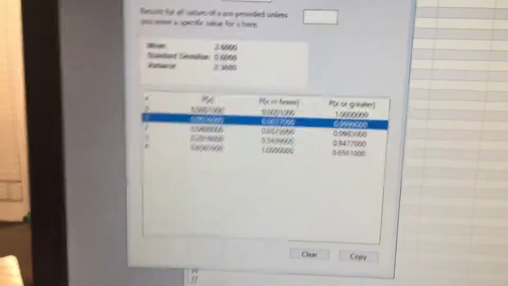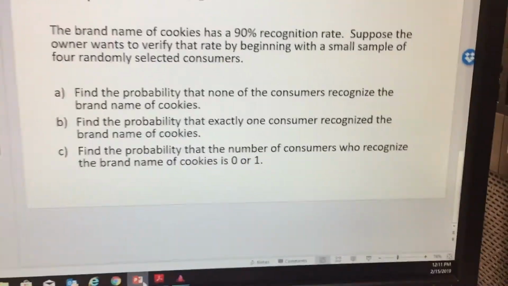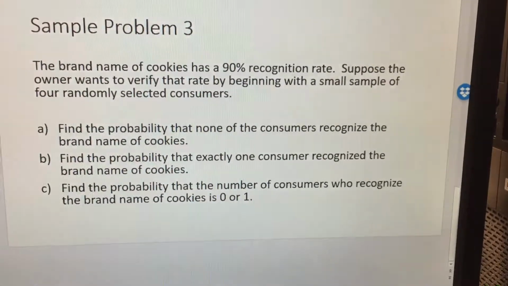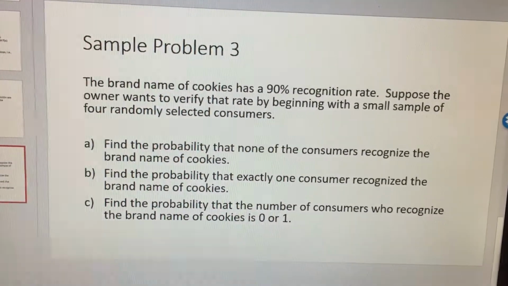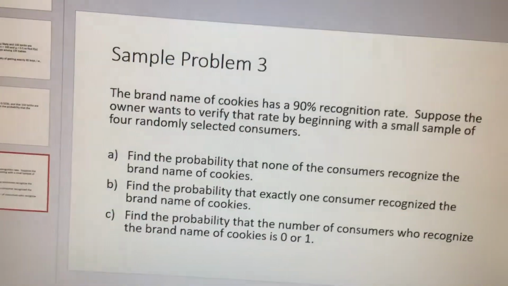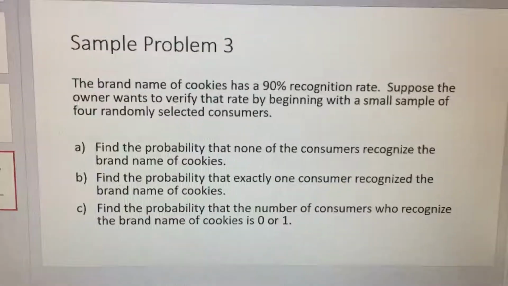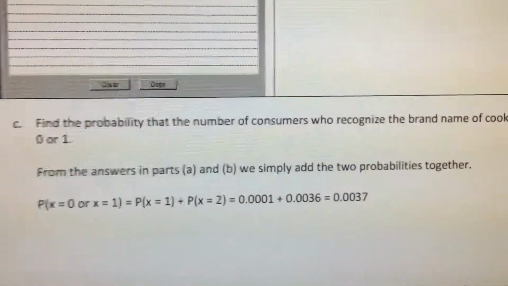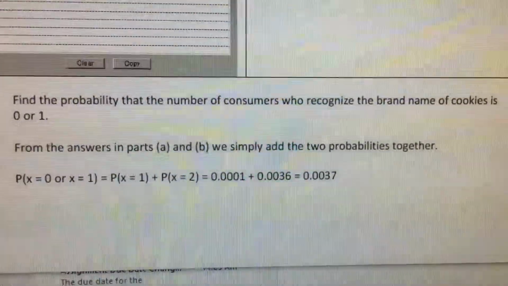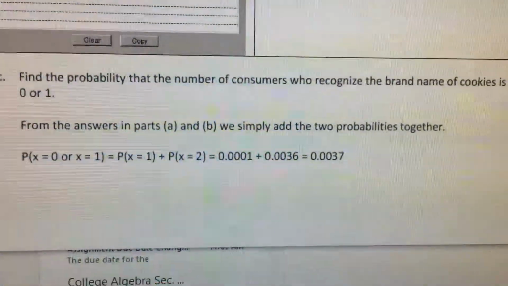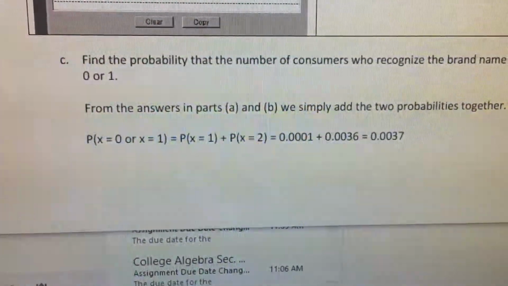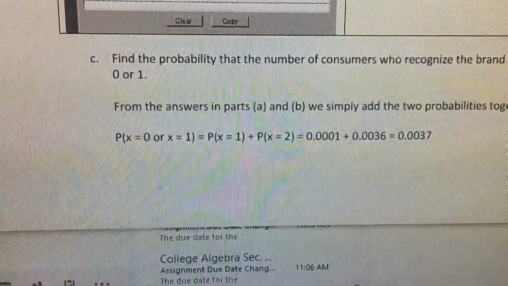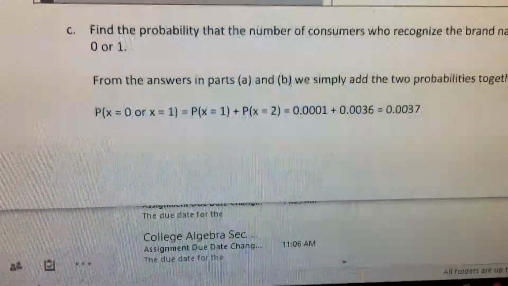And now to answer part C. Find the probability that the number of consumers who recognize the brand name of cookies is 0 or 1. Okay? Now, what you're going to do there is add the two probabilities together. So from the answers that were in part A and part B, you're going to simply add the two probabilities together. We found the probability of exactly 0 people recognizing the brand name.